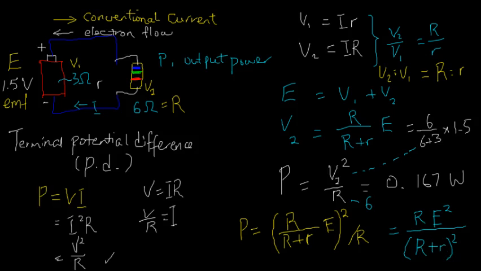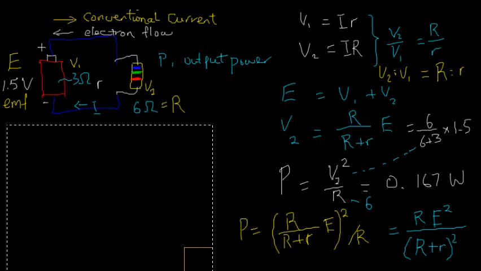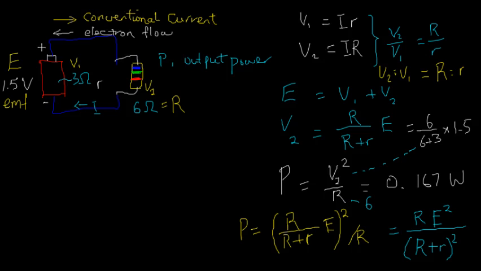So that's what I shall do. Let me show the answer directly on a graph. So suppose that I've calculated some values of the power for some values of R, and now I want to plot a graph of that. So this is big R and that's the power.